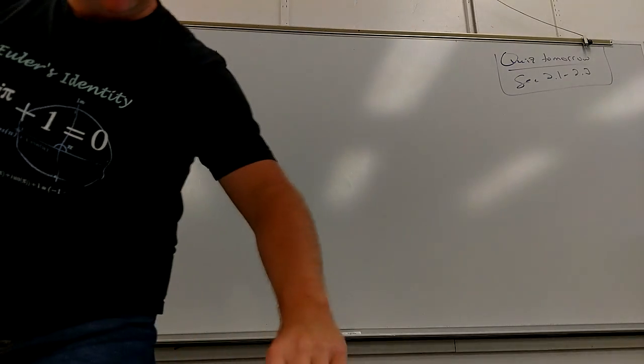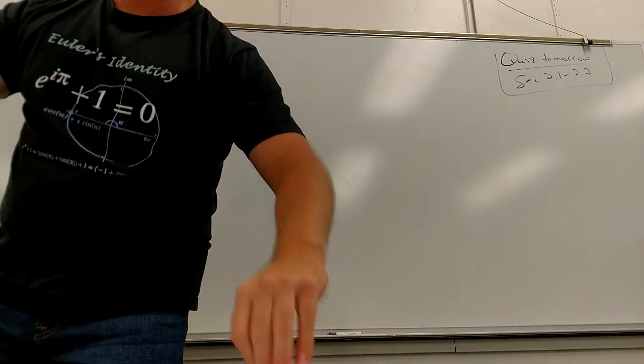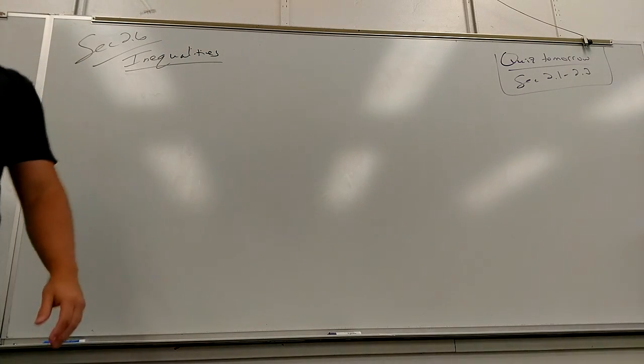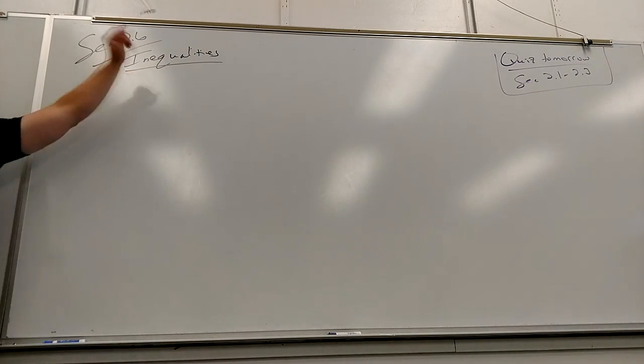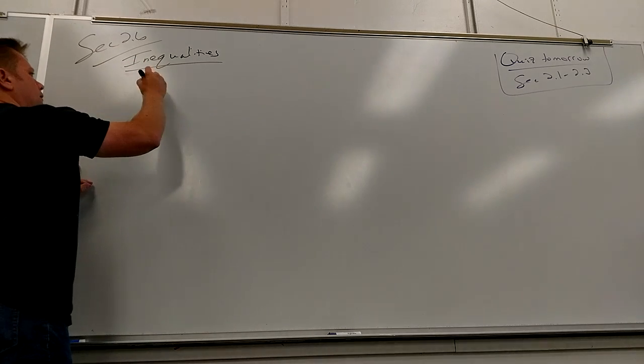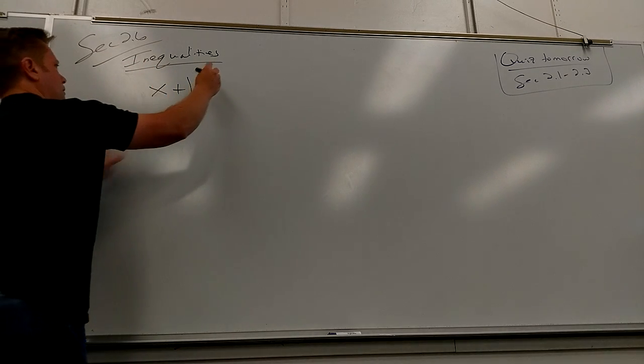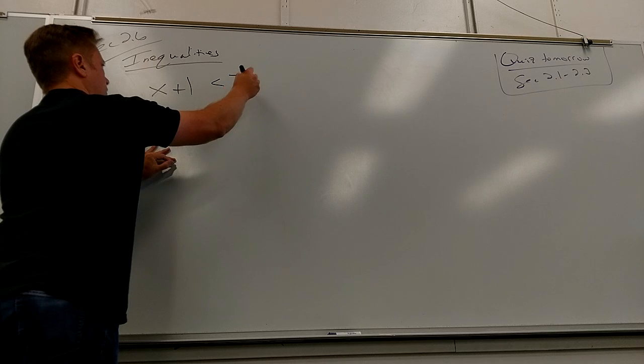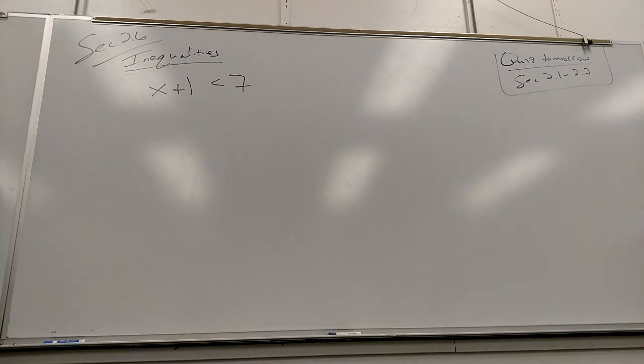Let's see how much you guys know about solving inequalities already. The great thing about solving inequalities is there's only one place where there's a difference between solving equations and solving inequalities. So if I said x plus 1 has to be less than 7, that's officially an inequality because it's not equal to 7.